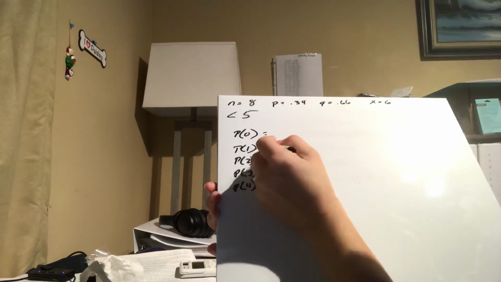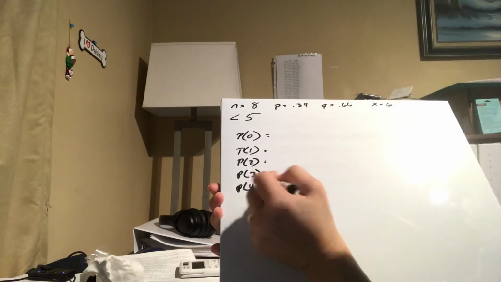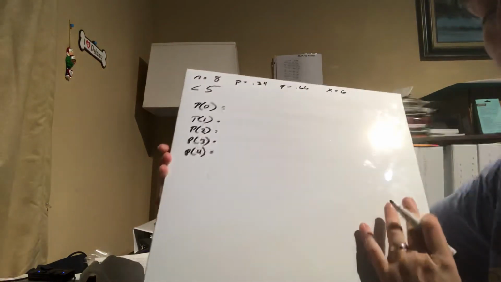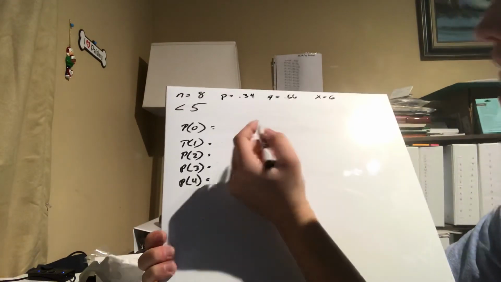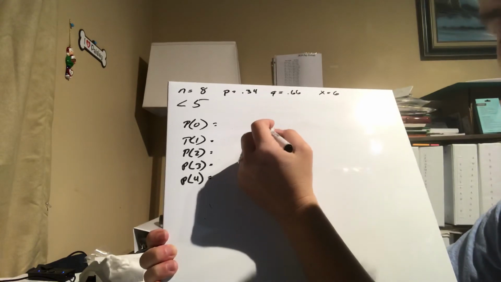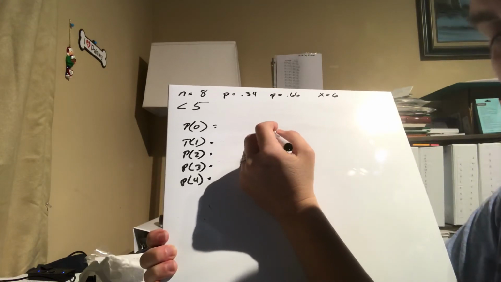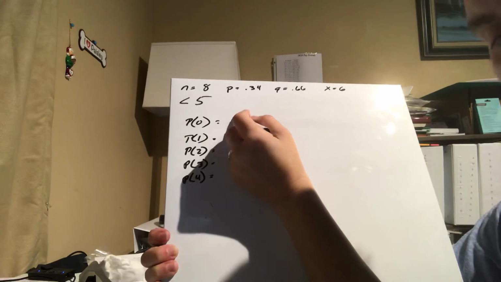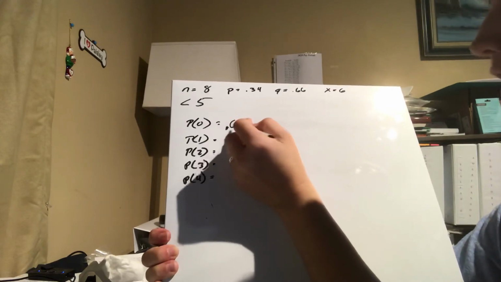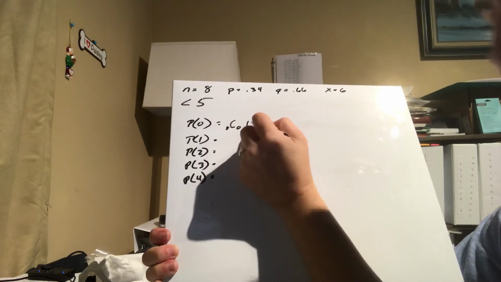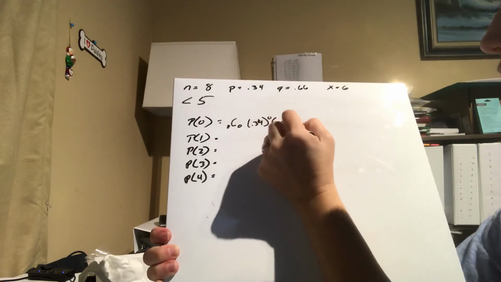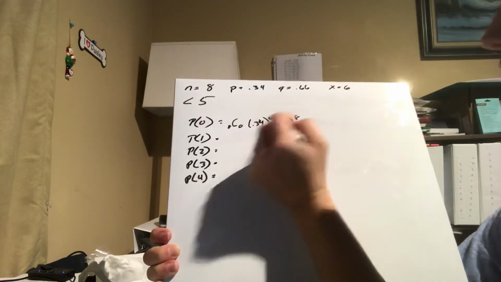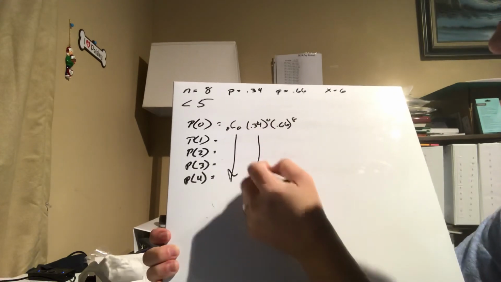Seeing as how doing it on the other calculator, I ended up having to use 2 or 3 different calculators to get my answers. 0 would be 8 C 0 times 0.34 to the 0, 0.66 to the 8th, and so on and so forth downward.